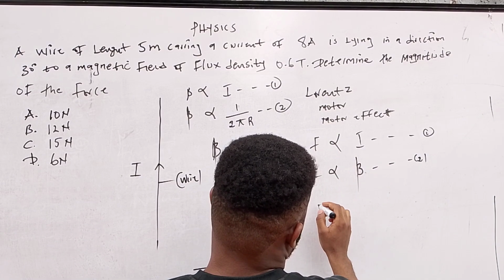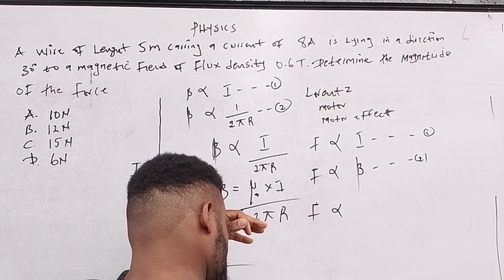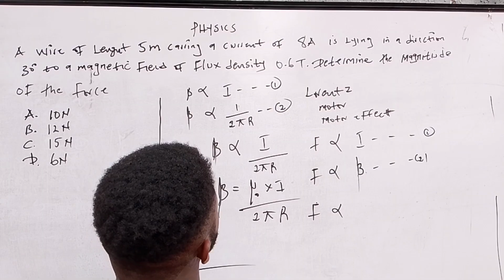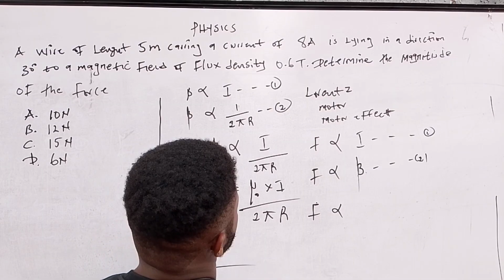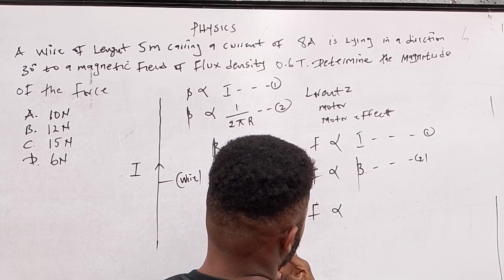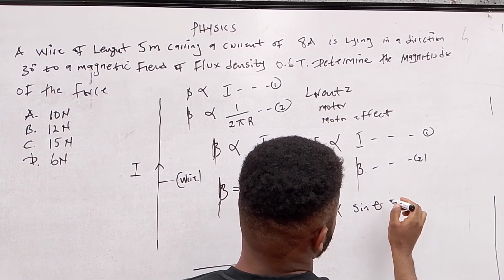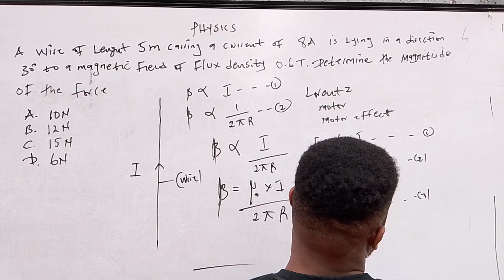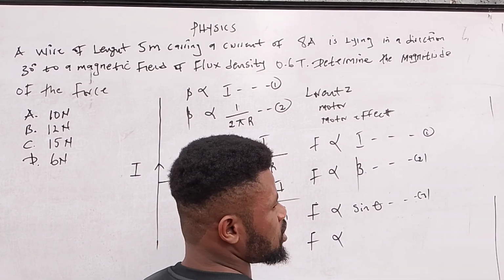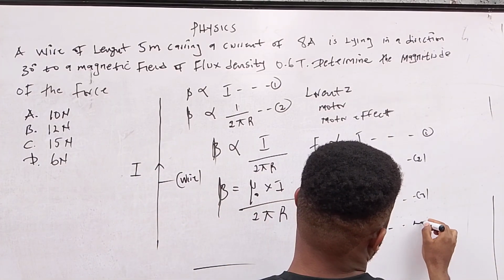Again, the force experienced is directly proportional to the sine of the angle of inclination. I will call this one equation 3. And the force experienced is directly proportional to the length of the conductor or the length of the wire. So I will call this one equation 4.